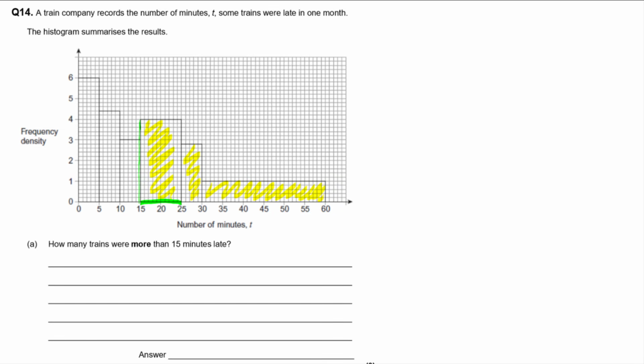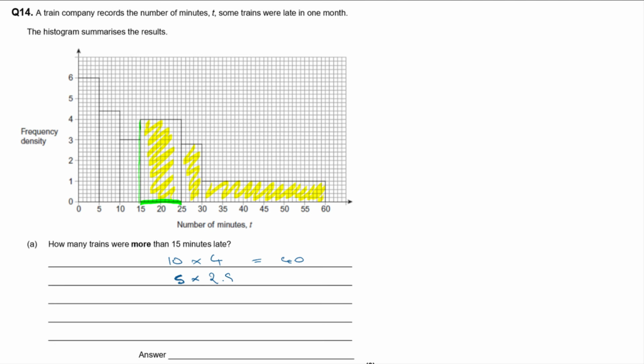So for the first one, it's 15 to 20, which has a width of 10, times a height of, what's that, 4? 10 times 4, which is 40. The next bar has got a width of 5 and a height of, well, that's 1 little square down from 3, isn't it? So there's 5 divisions between 2 and 3, so each one of those must be 0.2. So I'm reading that as 2.8.